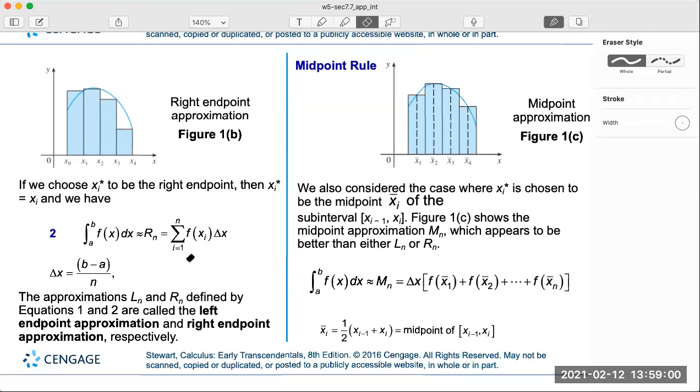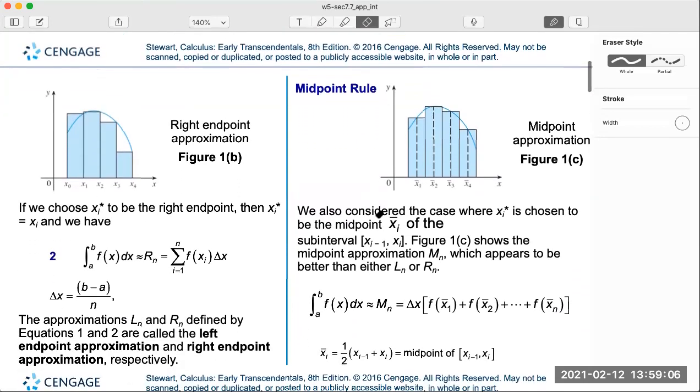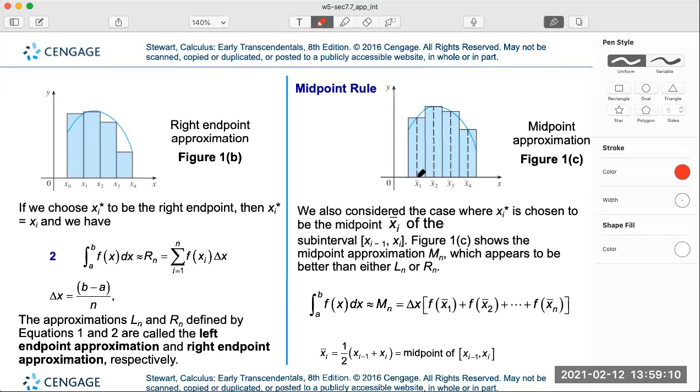And for the midpoint rule, if you pick xi* to be exactly the midpoint of the interval from x_{i-1} to xi, then the sum of the rectangles will be delta x, which is the width, times the height at this midpoint, which is f of xi bar.